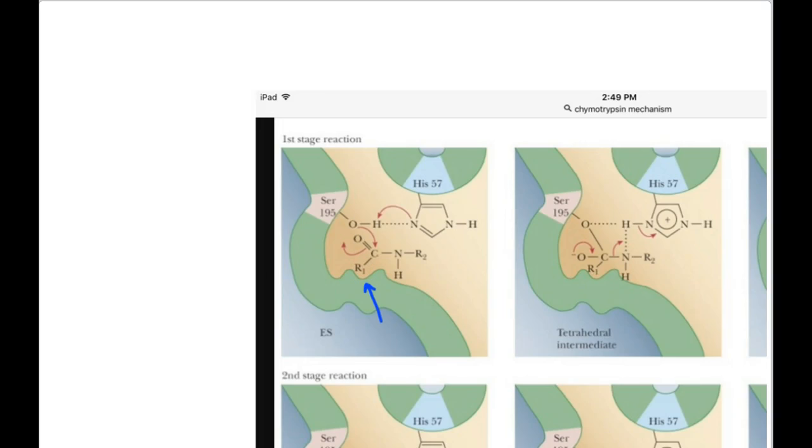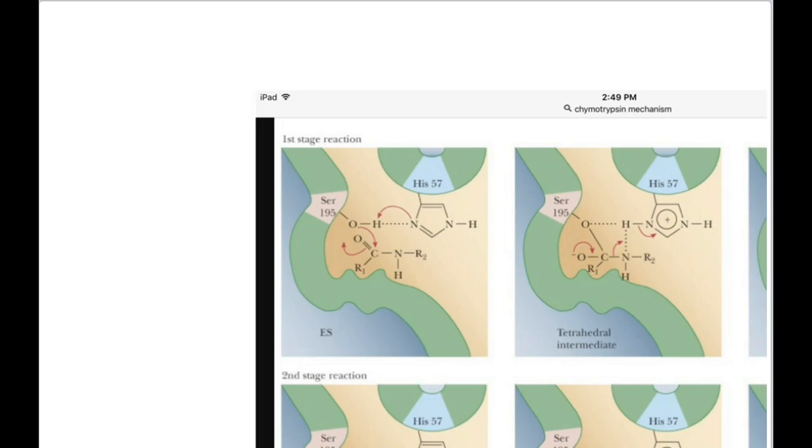So the reason why the peptide bond is right here, the reason why the peptide bond is correctly oriented in three-dimensional space to be cut by this enzyme is because the substrate is situated in just such a way so that that peptide bond is lined up for cleavage. Part of what's situating the substrate in that way is the binding of this side chain into this hydrophobic pocket. So that's what we start with.